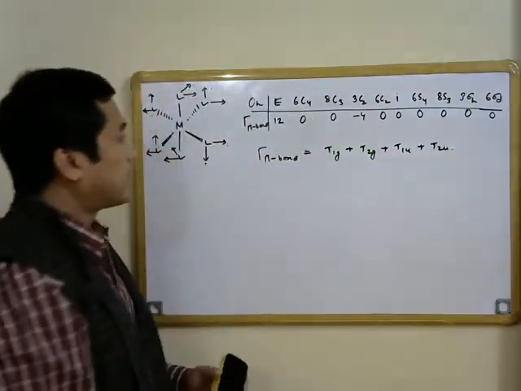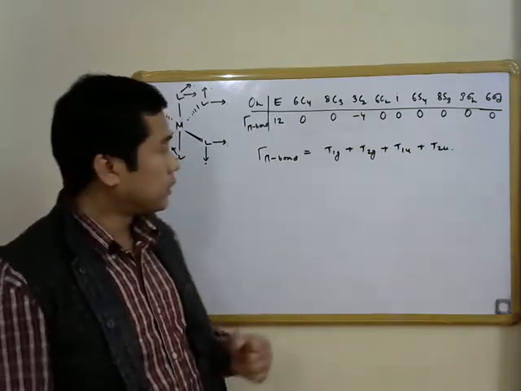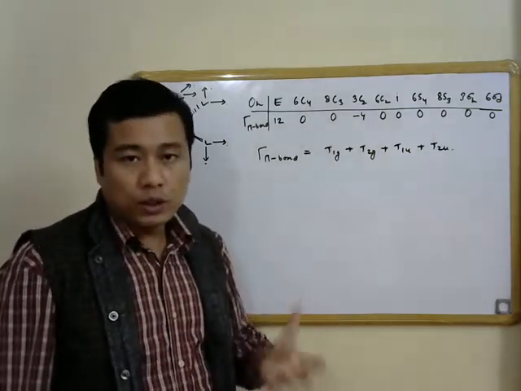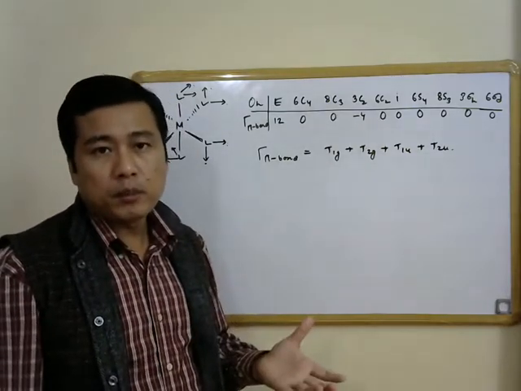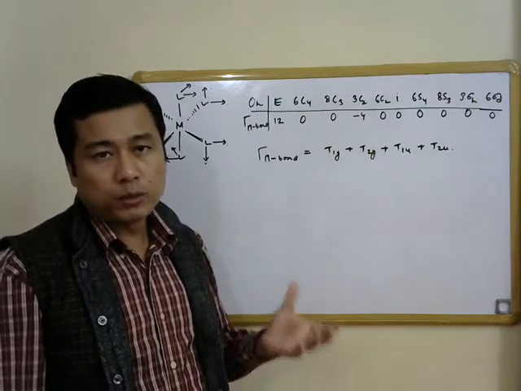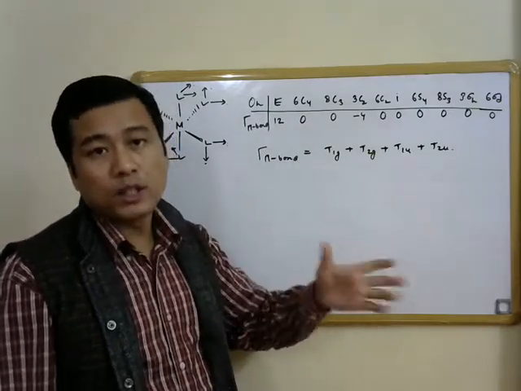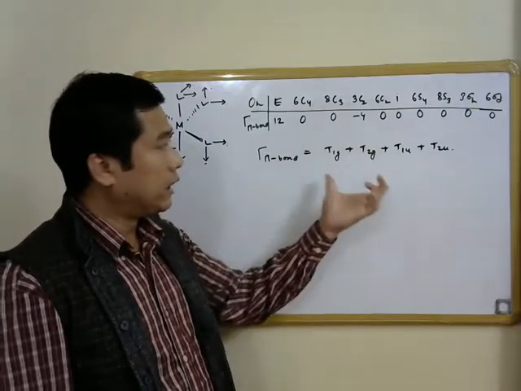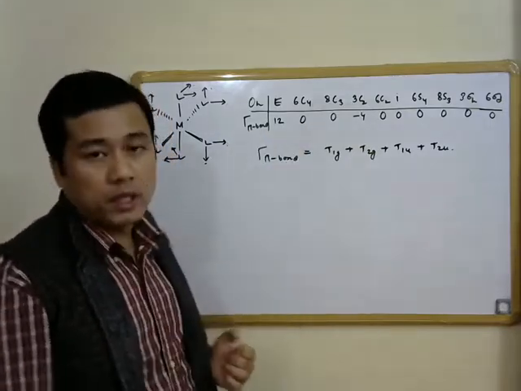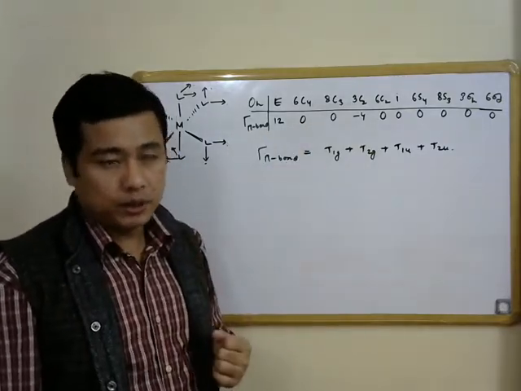As this is a 12-dimensional reducible representation, we see that it is composed of 4 three-dimensional irreducible representations. So that is 4 into 3, total dimension equal to 12. That is the dimensionality of the reducible representation.